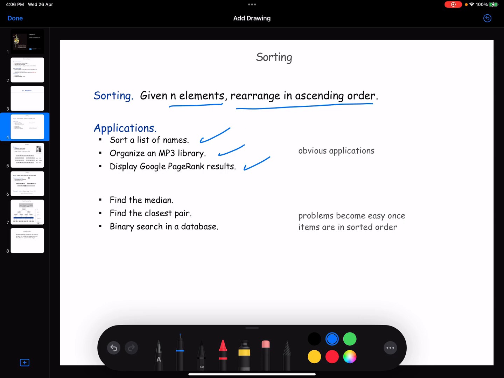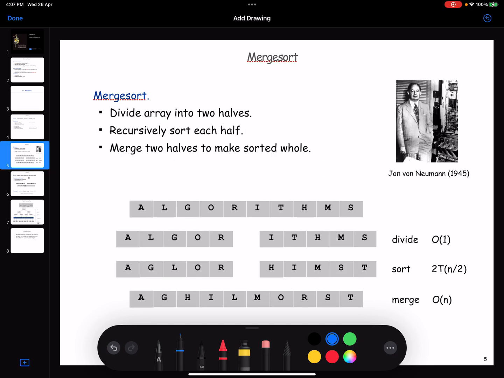These are direct applications of the sorting. Sorting can also be used to find a median, to find the closest pair problem, or in binary search. So remember binary search, before we do binary search we need to sort the array. So sorting is used also in binary search before we start binary search.